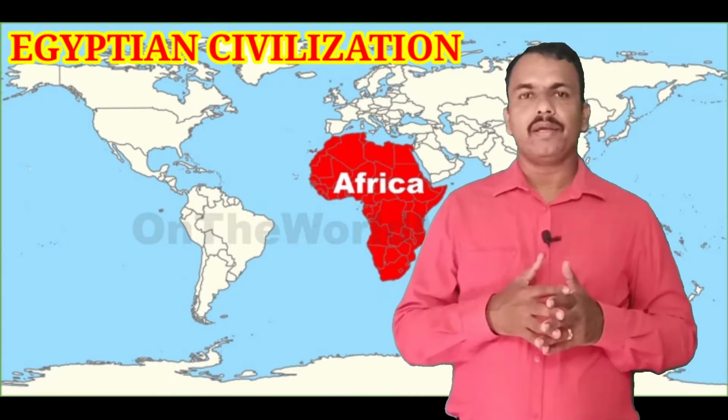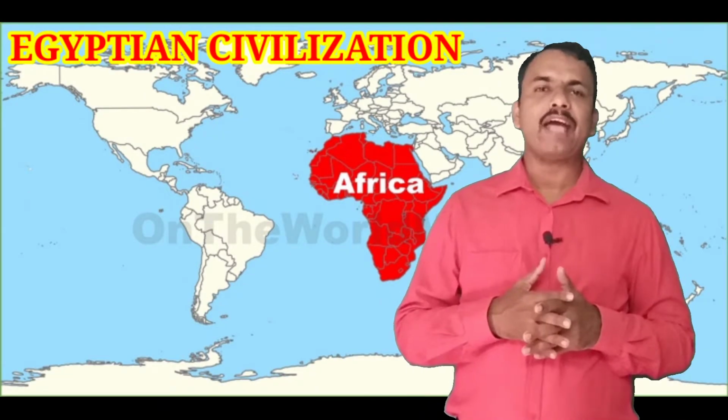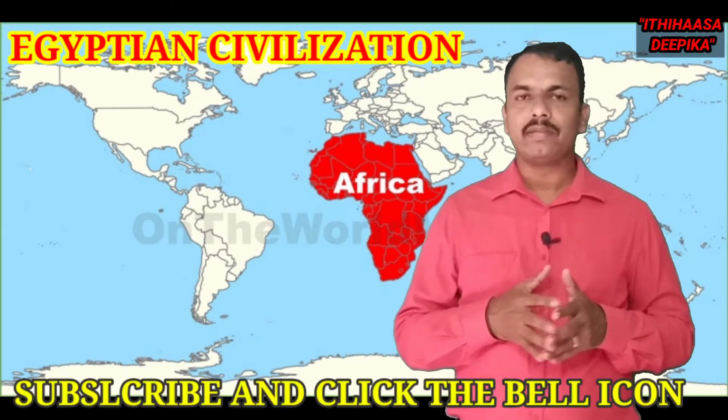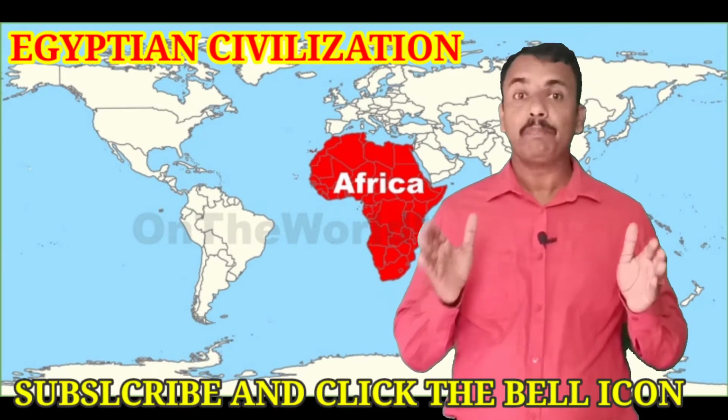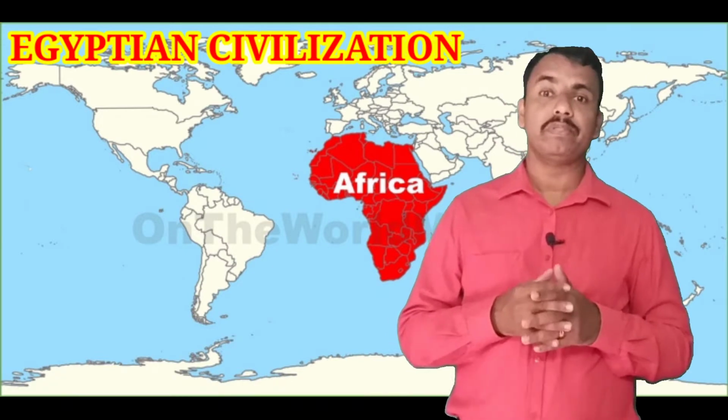Being unusually safe from the attacks of enemies is also another important factor that helped the beginning of Egyptian civilization.